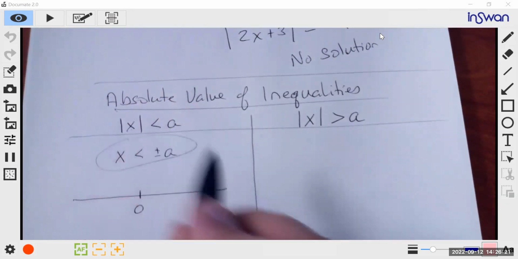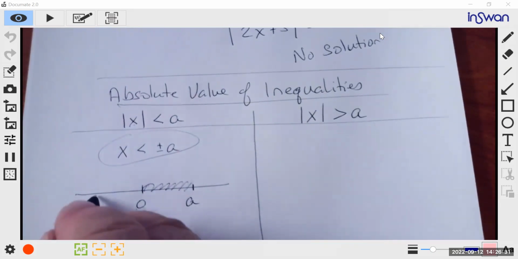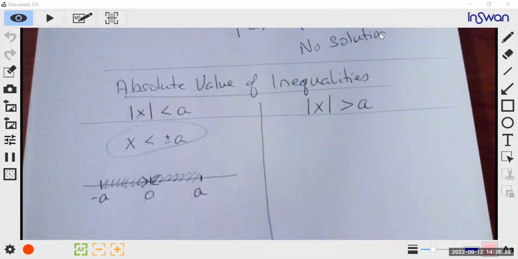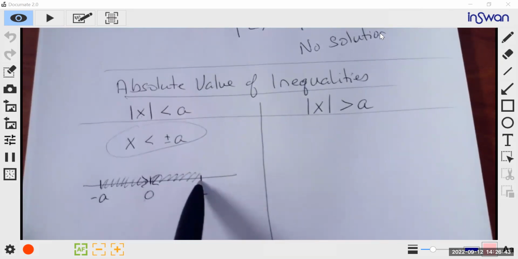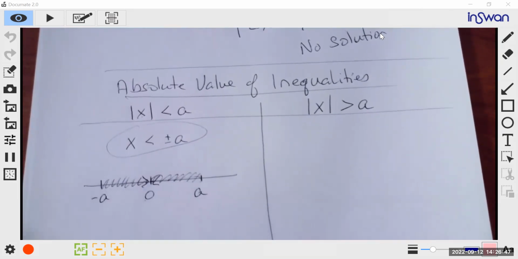So if x is less than a, here's a, going to 0. x is less than a, so it's all this stuff here on the positive side. That means also on the negative side, it has to be going towards 0. I can also look at it from the negative side.